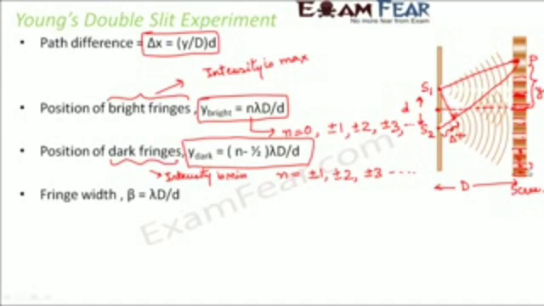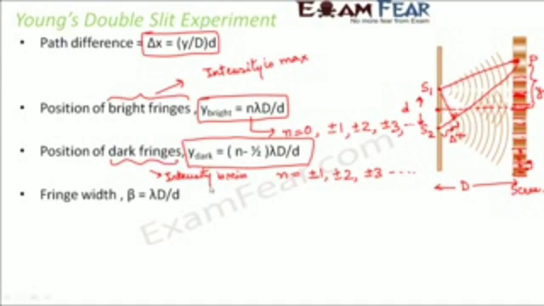Like this much is the fringe width. That means the position of this dark fringe till this dark fringe. So that would give you the width of a fringe.